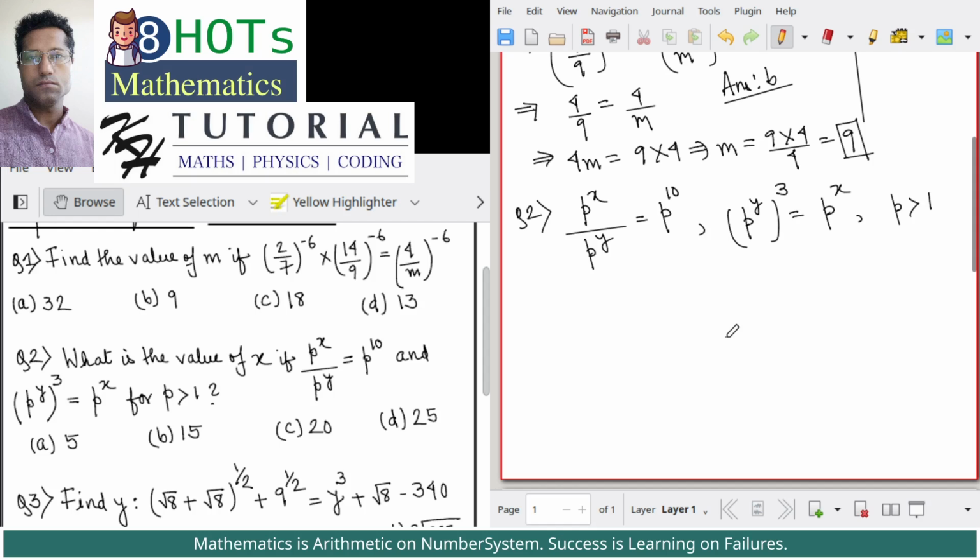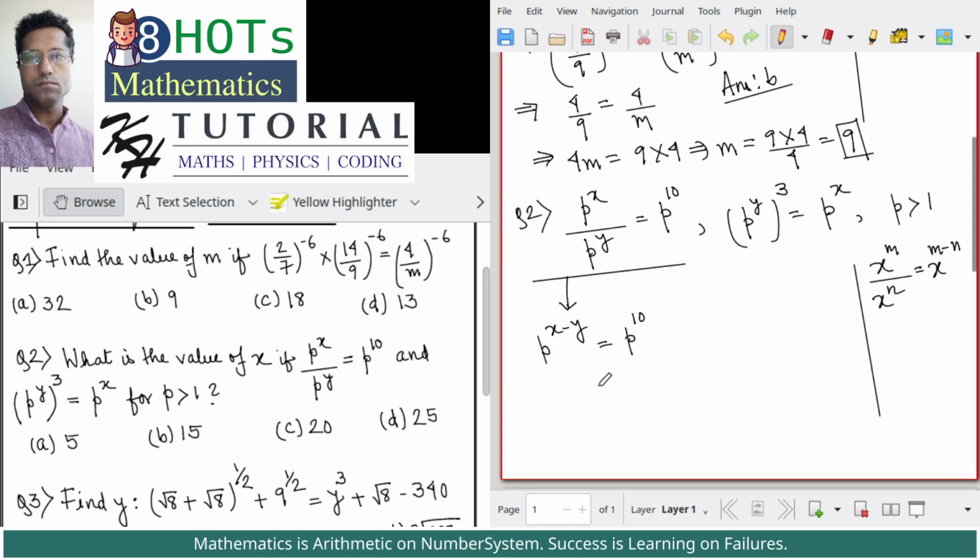Okay. Now the first equation is p to the power x by p to the power y. I will first convert the left hand side into a single exponential term with base p. So this will be p to the power x minus y is equal to p to the power 10, applying the concept x to the power m divided by x to the power n is equal to x to the power m minus n.